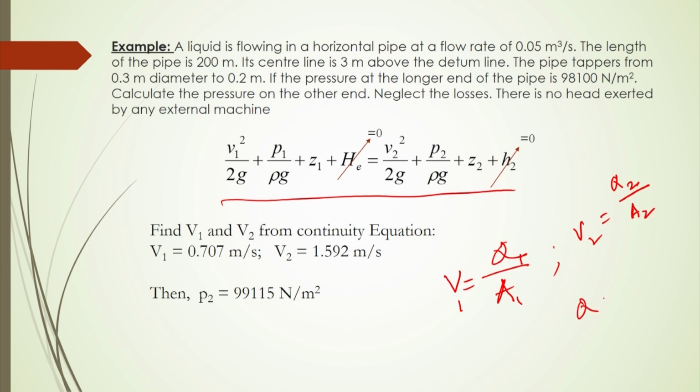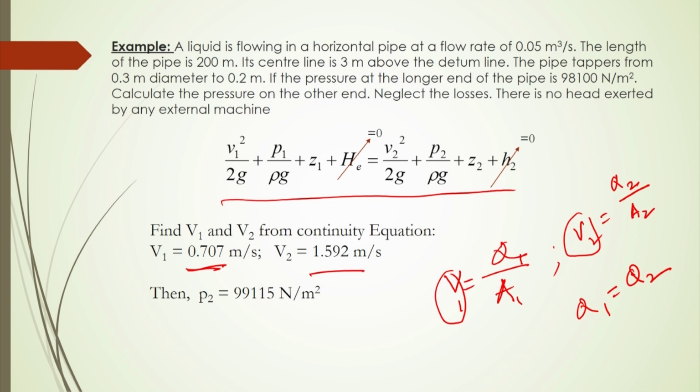So, Q1 will be equal to Q2. So we can find what V1 and V2 should be. After calculation we are getting V1 equal to 0.707 meter per second and V2 equal to 1.592 meter per second.